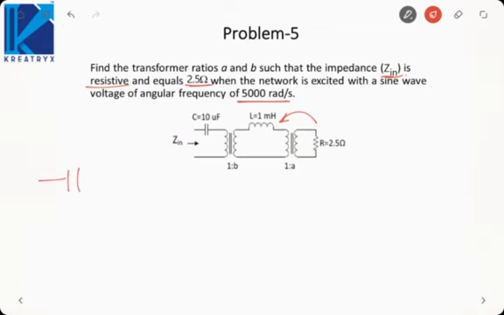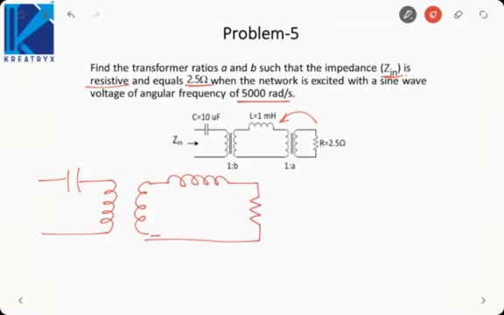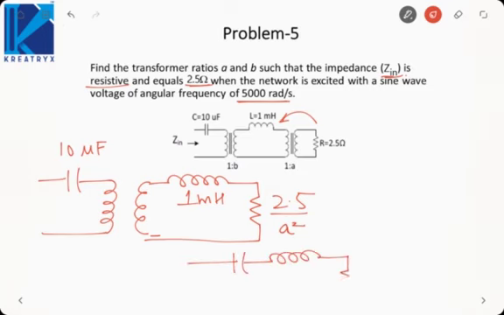So first transfer this circuit to here. It will be like this, and this resistance will come here. How much will this resistance be? 2.5 by A square. This is 1 millihenry, 10 microfarad. Then if we transfer the entire circuit to the primary, it will be like this.